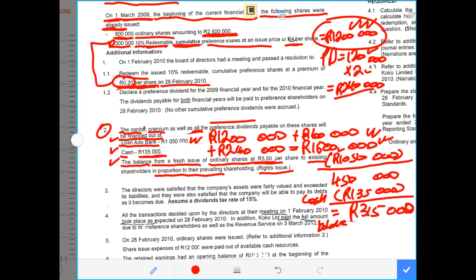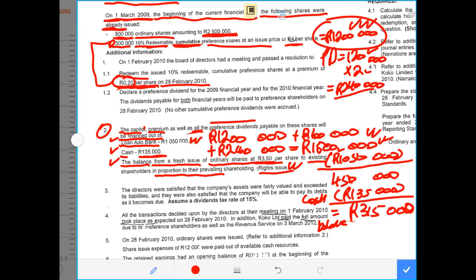So now this is the rights issue, shares being issued to existing shareholders at a price lower than the market price. They don't specify that it is lower than the market price, but we know it is a rights issue because they clearly stated it. However, if the market price was given and it was higher than the issue price, then we would surely know that this is a rights issue.